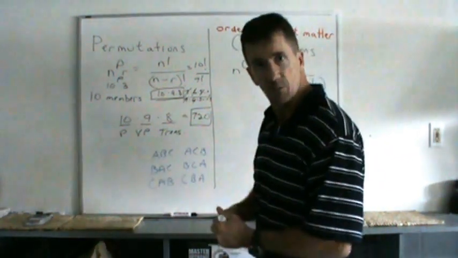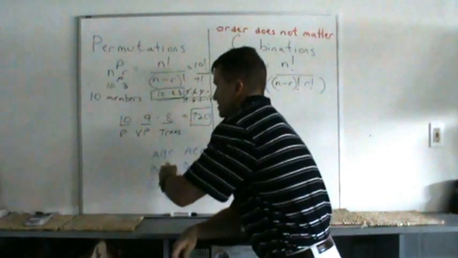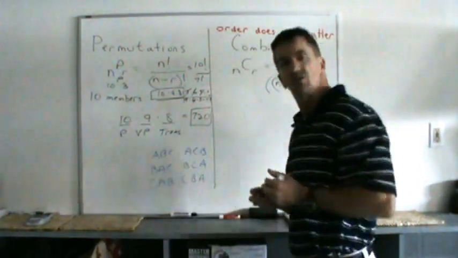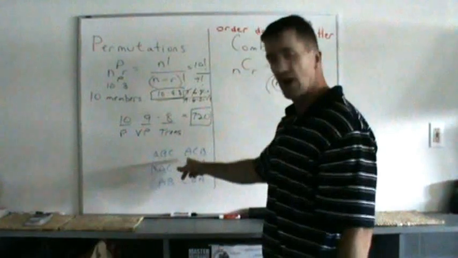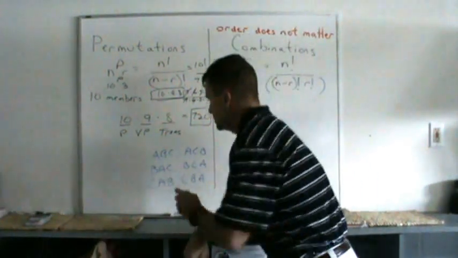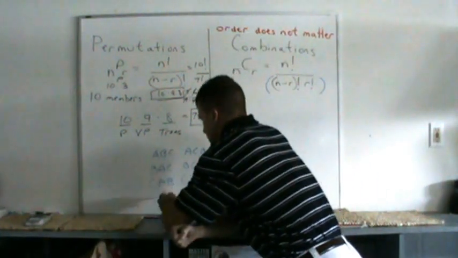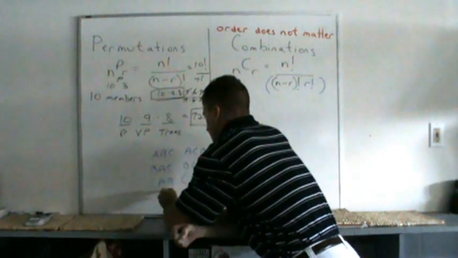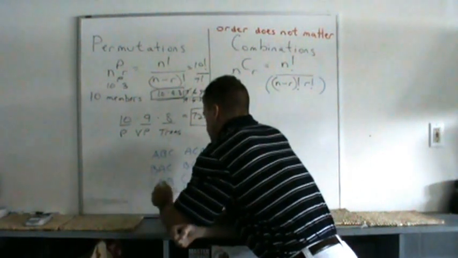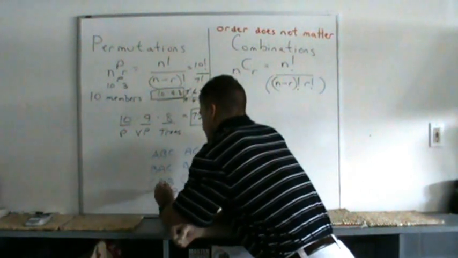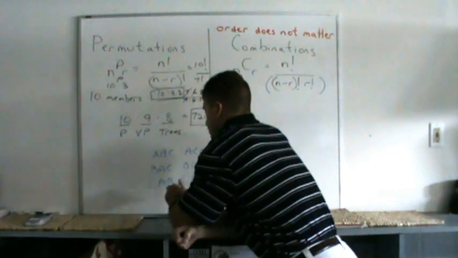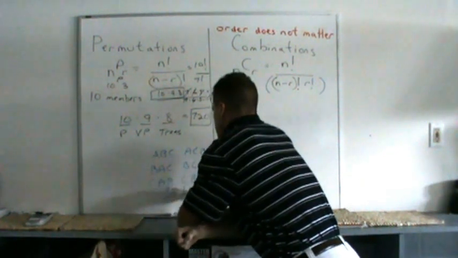Notice we have 6 different ways here. This came out to 6 of those 720 different ways, just for Abe, Barb, and Chuck. And the reason is because with these 3 people, it's like 3 times 2 times 1, which is 6.